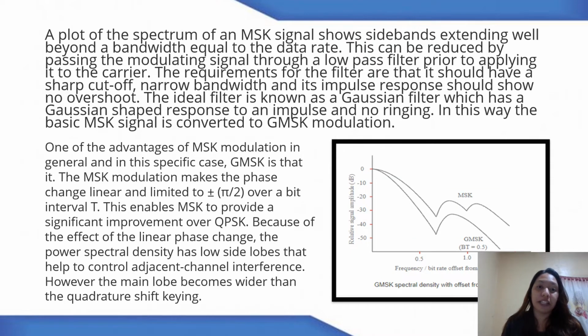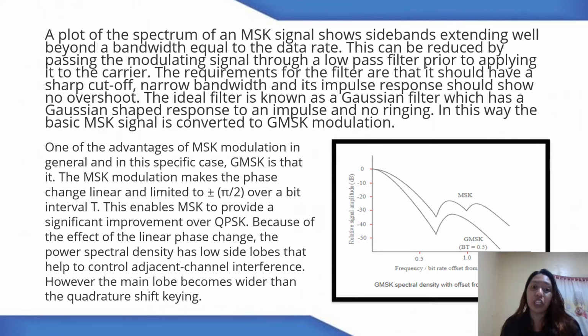A plot of the spectrum of an MSK signal shows sidebands extending well beyond a bandwidth equal to the data rate. This can be reduced by passing the modulating signal through a low-pass filter prior to applying it to the carrier. The requirements for the filter are that it should have a sharp cutoff, narrow bandwidth, and its impulse response should show no overshoot.